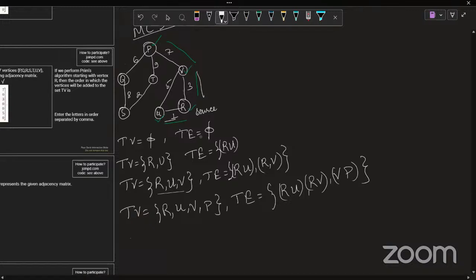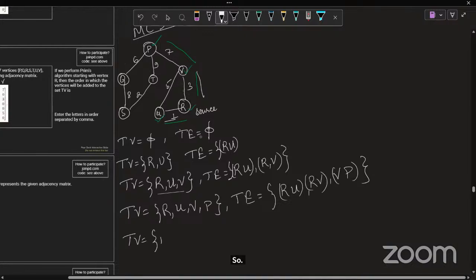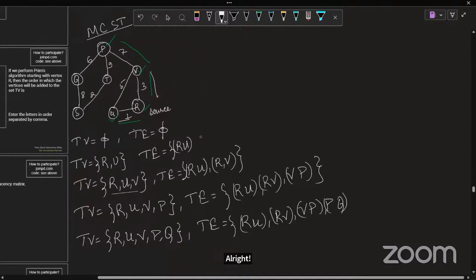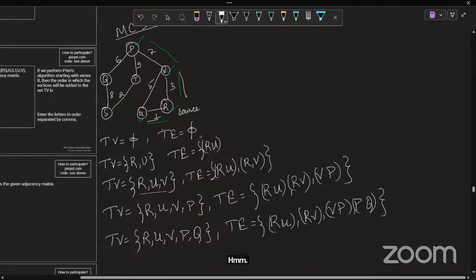So TV is equal to R, V, P and Q, and TE is equal to R, U, P, Q. Now, which vertex will you choose next?